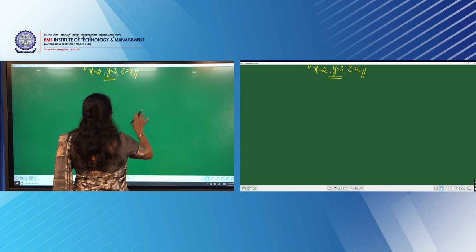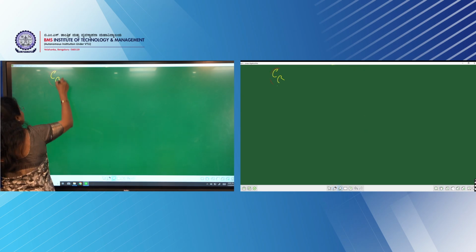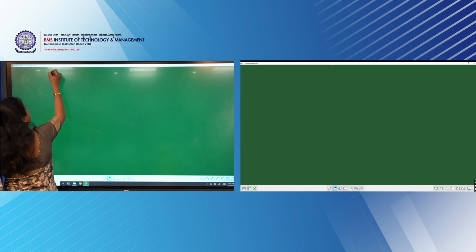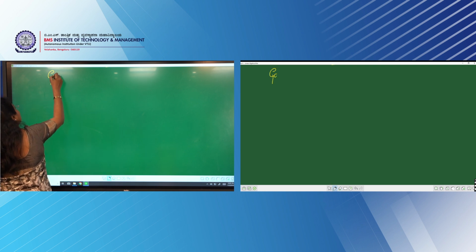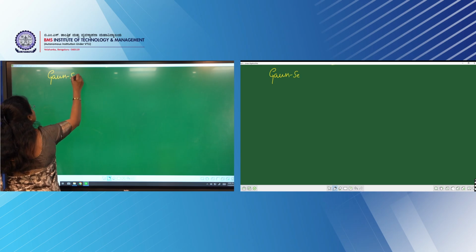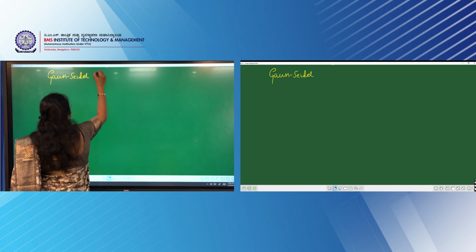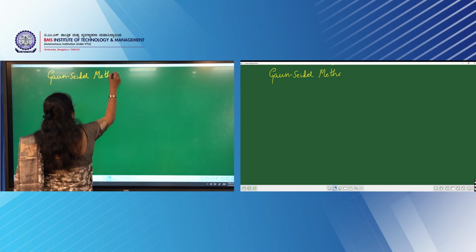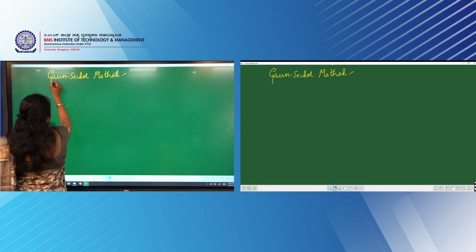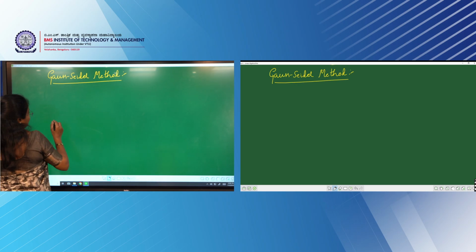So then we'll see what exactly the Gauss-Seidel method is. As I told, Gauss-Seidel method is an iterative process. Iterative means the procedure is repeated until we get the desired root. And one more important thing here, in this method, the diagonal element should be dominant.